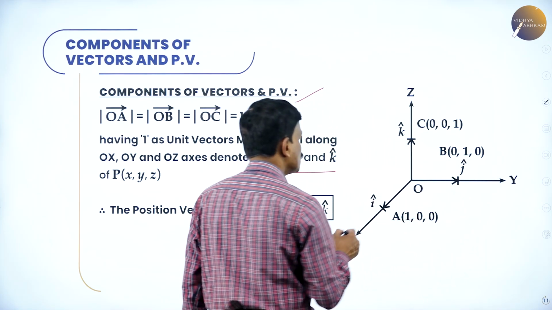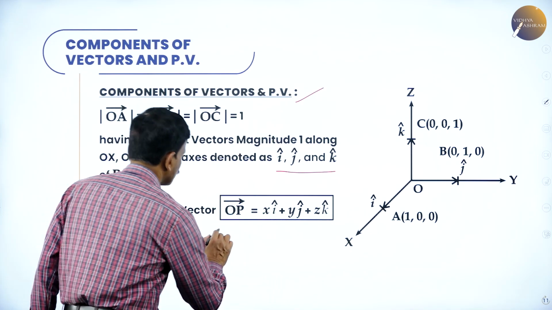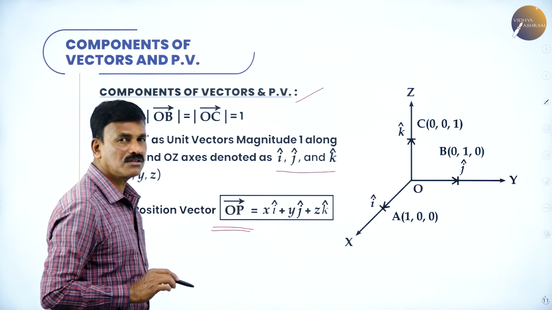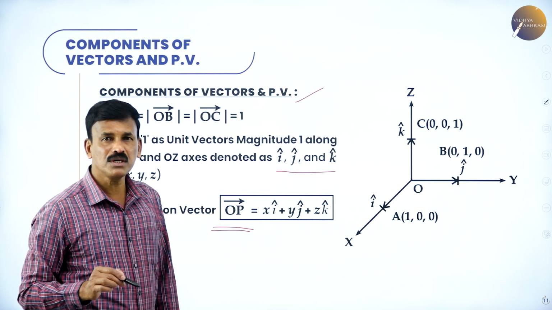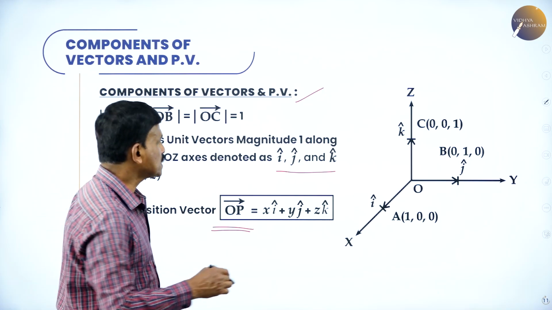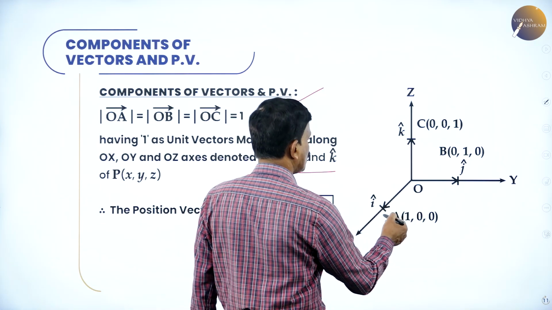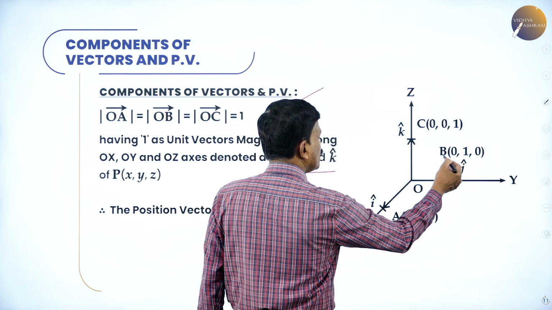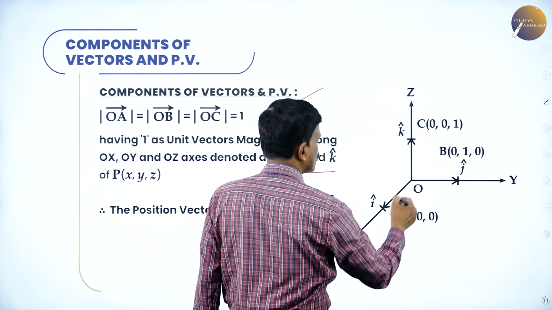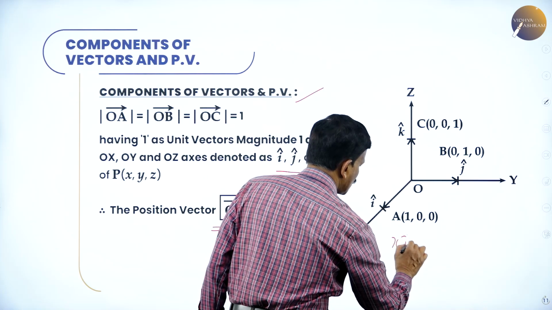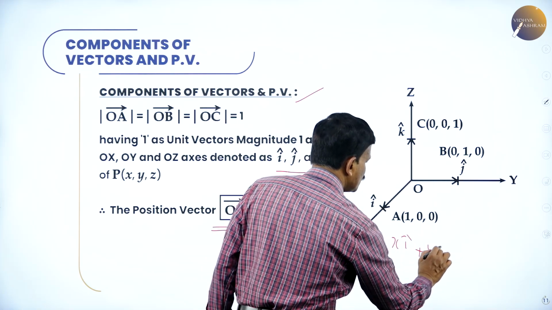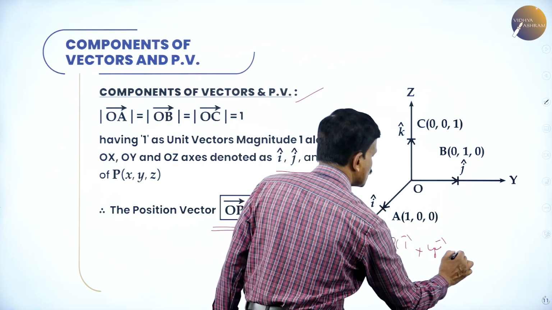Then this is the position vector of the point P. The position vector of the point P is denoted as vector OP or vector R equals X i cap plus Y j cap plus Z k cap.